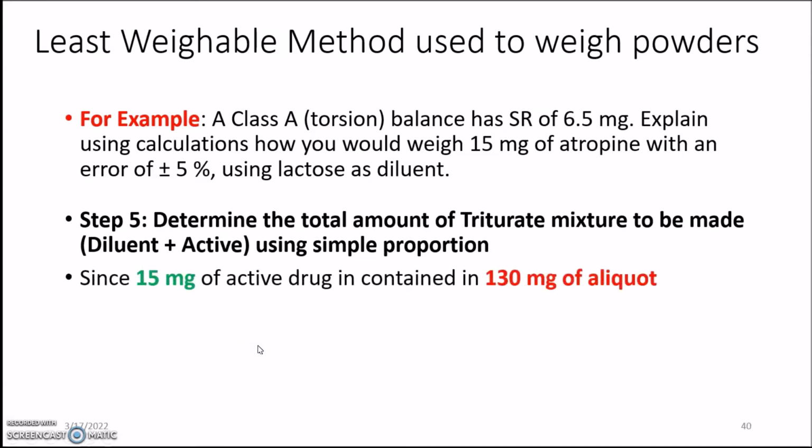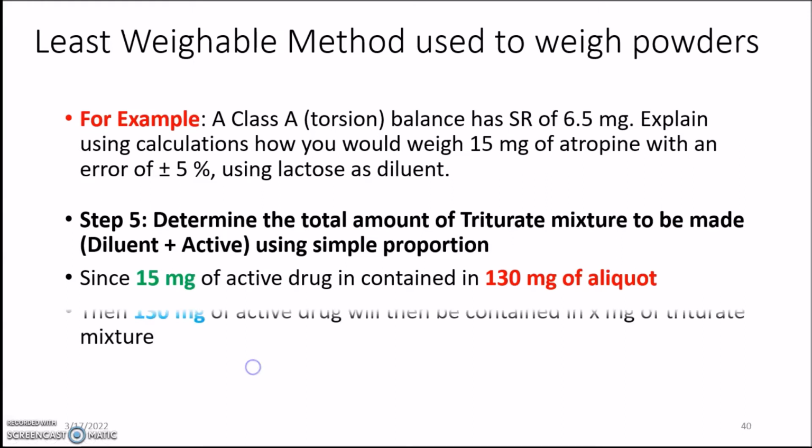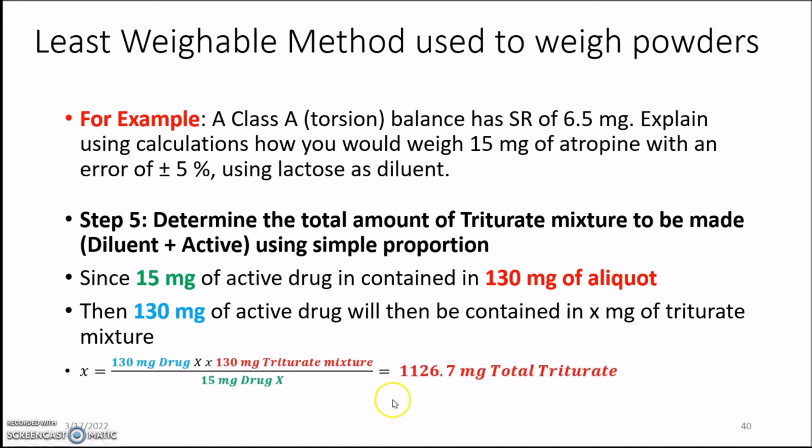So since we want 15 milligrams of active drug to be in 130 milligrams of aliquot, we need to determine what amount of mixture or triturate the 130 milligrams will be contained in. Do a cross multiply and we get 1126.7 milligrams of total triturate mixture.